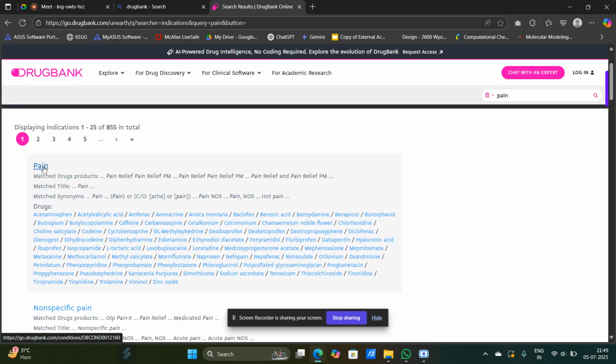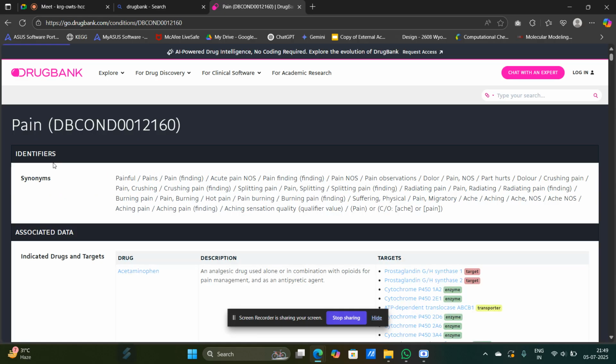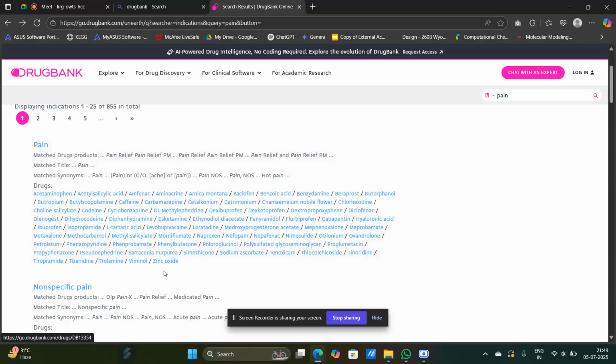Without clicking on this, you have already got a list of drugs that are used to treat pain. So it is not specific again. You have got a broad list of drugs. Just check, caffeine is also there to treat pain. And then ibuprofen, search for ibuprofen.